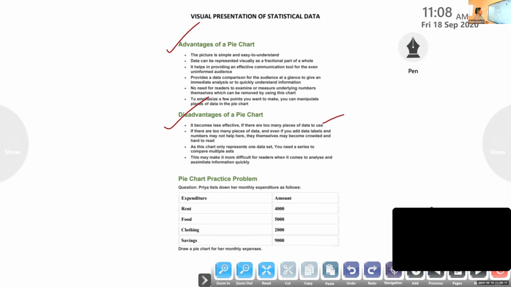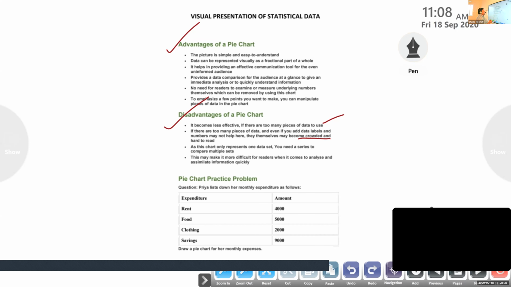Even if you add data labels and numbers, they may not help. They themselves may become crowded and hard to read. Including so much data in the same pie chart will look awkward and crowded, and with many pieces we are unable to understand the importance of each slice.